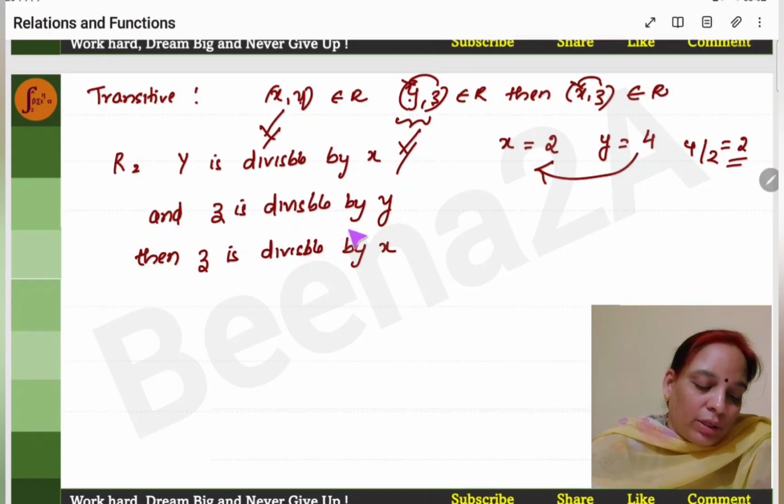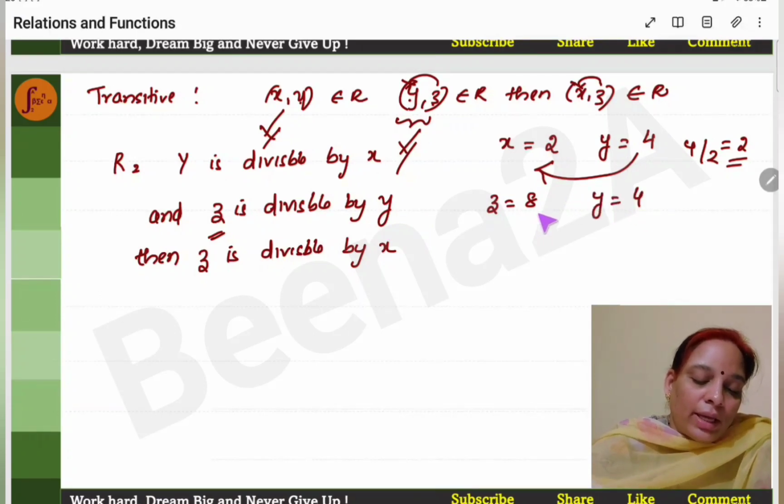Now next one is we need to find out z. Let's say z is equal to 8. Then 8 should be divisible by y. What is y? 4. Is 8 divisible by 4? Yes, right? 8 divided by 4 is equal to 2. Again, it's a whole number. Therefore, it is divisible. Now, second condition is satisfied.